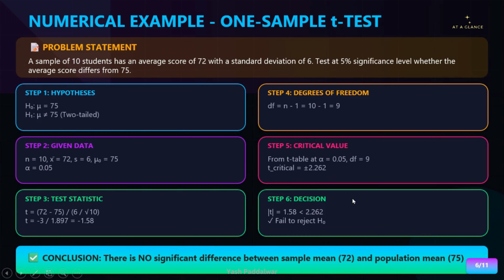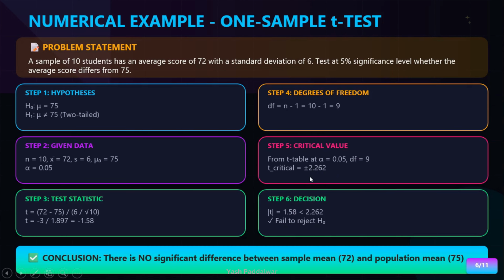Next step is to decide. So you have your mod t value as 1.58 and you have your t critical value as 2.262, which says that your mod t is lesser than your t critical value. Since mod t is lesser, it means we have to accept the null hypothesis, because see, the range is plus minus 2.262.